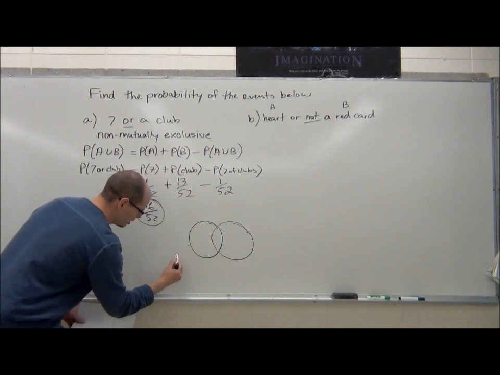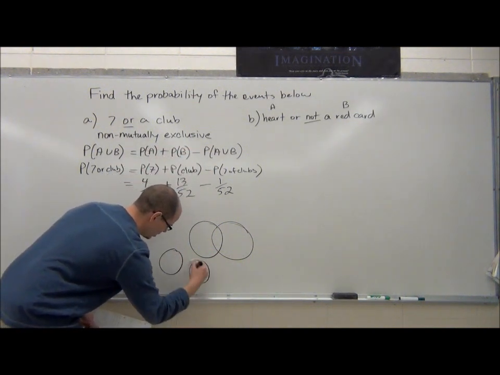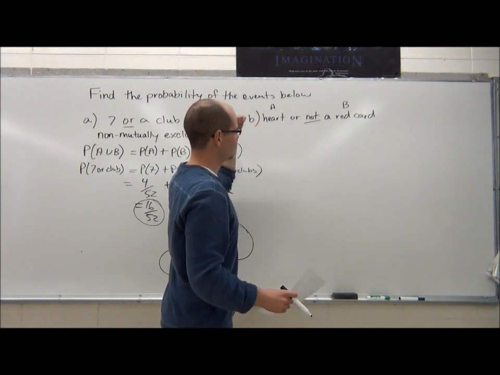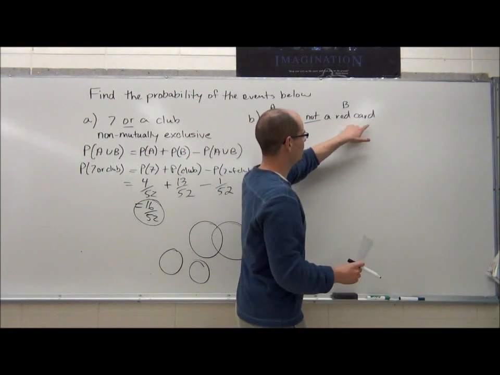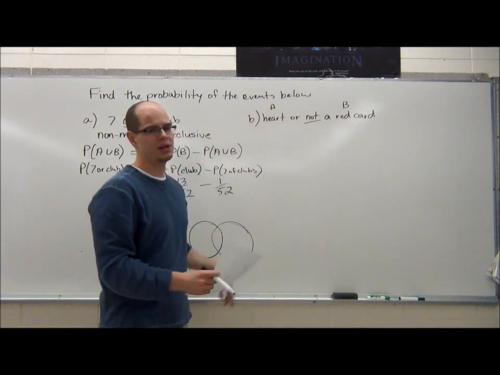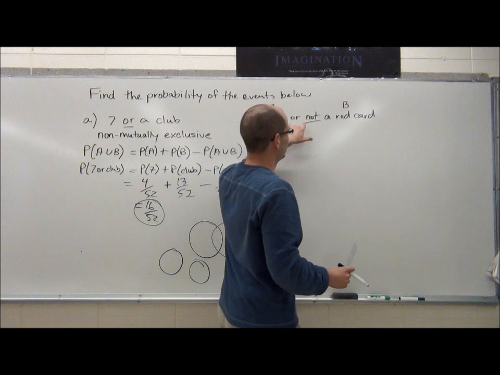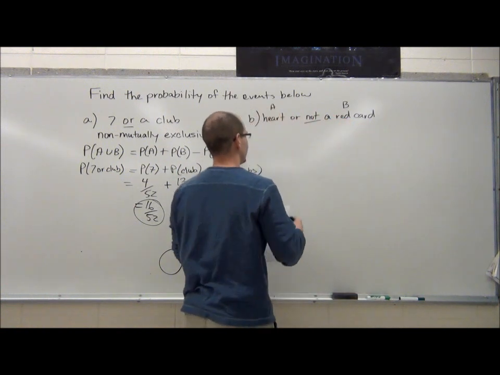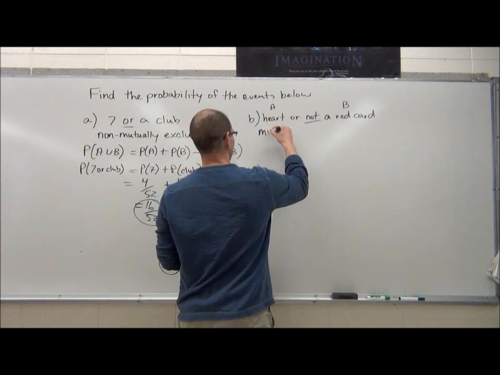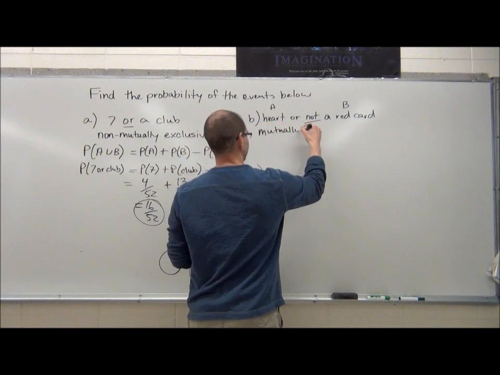Or do they look more like this, where they don't touch? There are no common elements. The first one, a heart, is a red card. Not a red card is a way of saying black card. So there's no way you can get a heart that is also a black card. And again, this "not" can make this confusing. So this one is mutually exclusive.